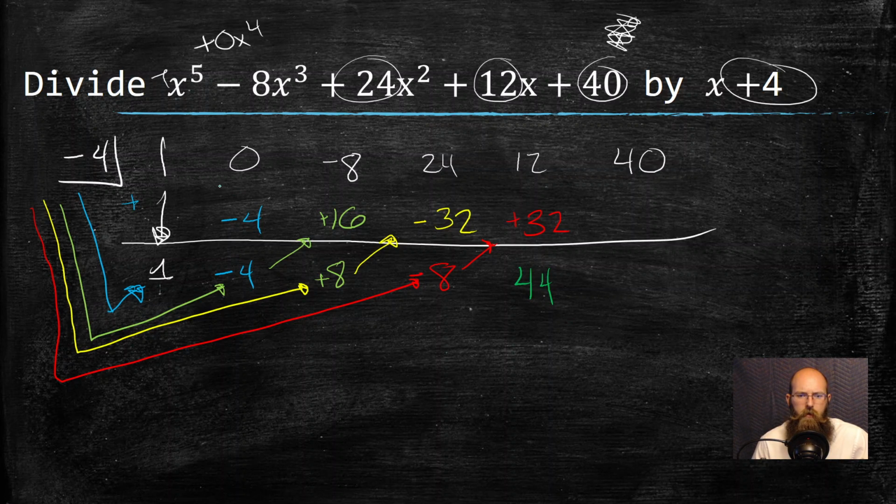Let's see, let's make sure I didn't make a mistake in there. That's a negative. That was a positive. Negative 16, positive 8, and that gets me a negative 32, and that's 6, 7, 8, but it's negative, so that's positive 32, and that's 44. Yeah, okay. Cool, cool, cool.